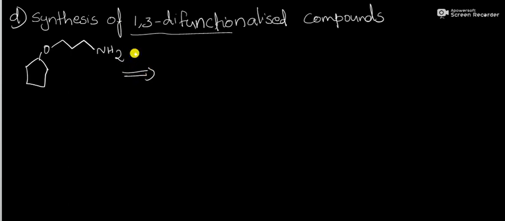First we interchange the functional group, that is NH2 group can be converted into CN group, O CH2 CH2 CH2 CN.